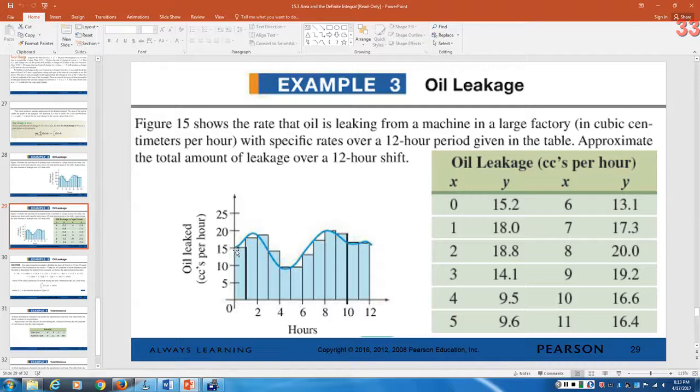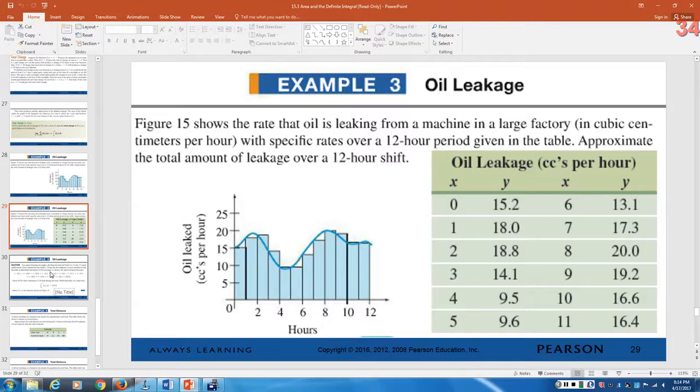The first rectangle is 15.2 tall. The second one is 18 tall. The third is 18.8. The fourth is 14.1. The fifth is 9.5, and the one next to it is pretty close to the same, 9.6. The heights are read off where the tops of the rectangles intersect the function.